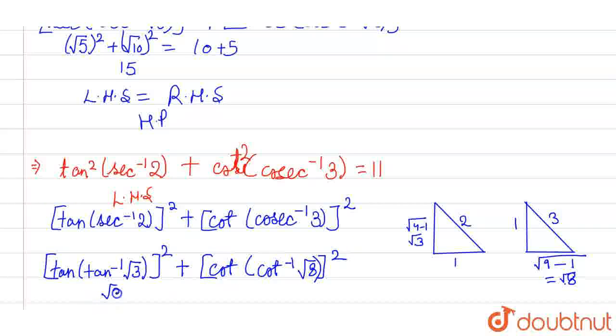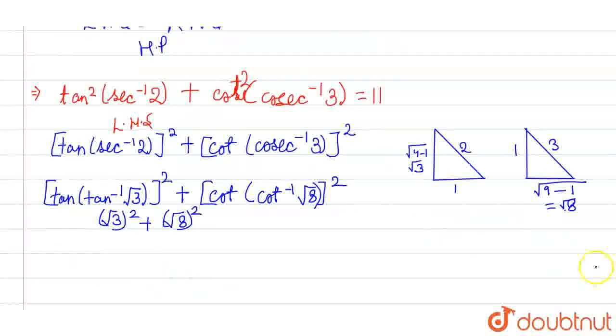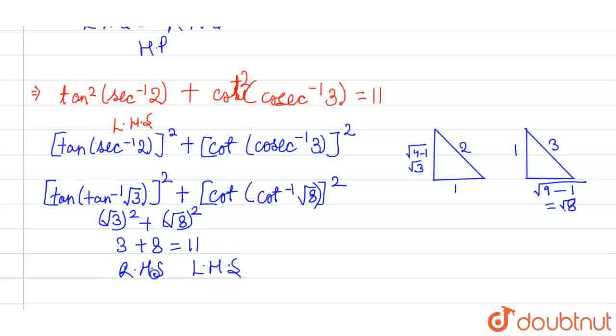This will give us root 3 square plus root 8 square, that will be 3 plus 8 equal to 11, which is our LHS. So we can say RHS is equal to LHS. Hence proved, that's all from my side. Thank you everyone. Have a great day.